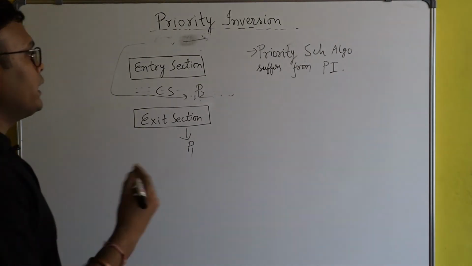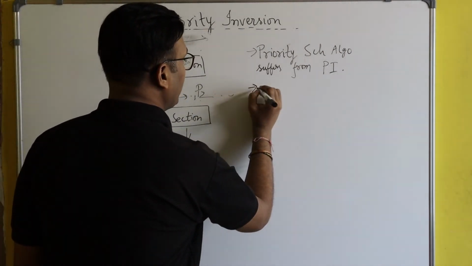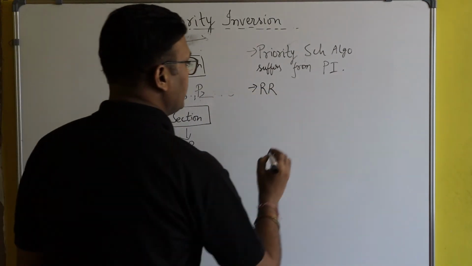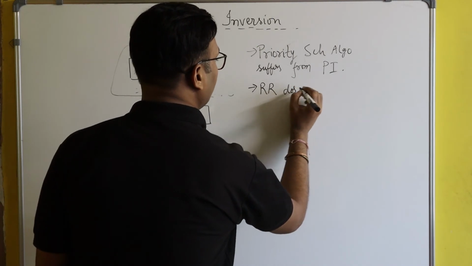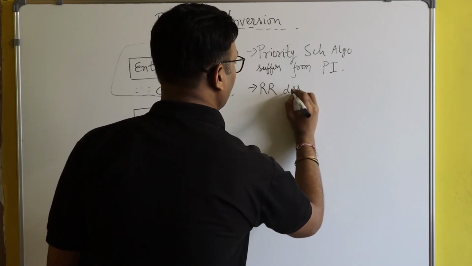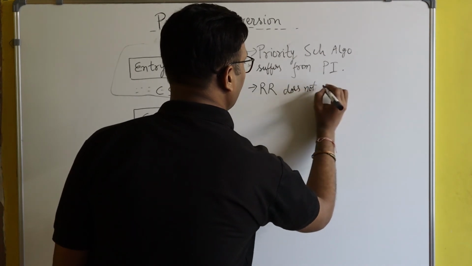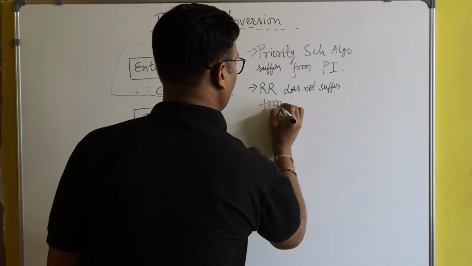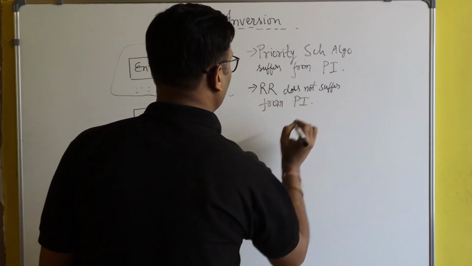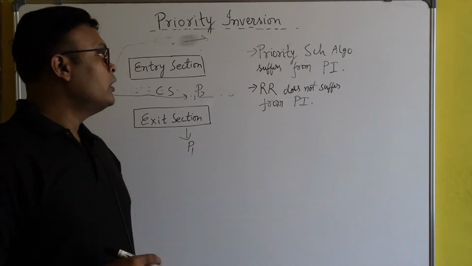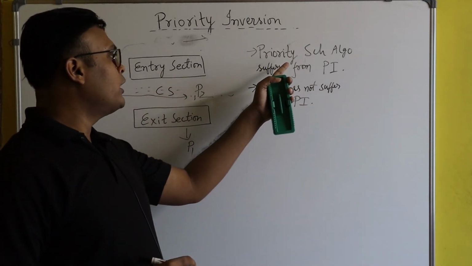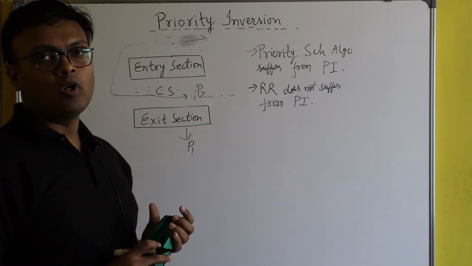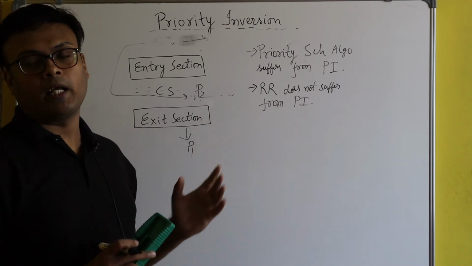And the second important point is that the round robin CPU scheduling algorithm does not suffer from the priority inversion problem. Or you can say that the priority scheduling algorithm is not suitable in this case because priority inversion may arise.